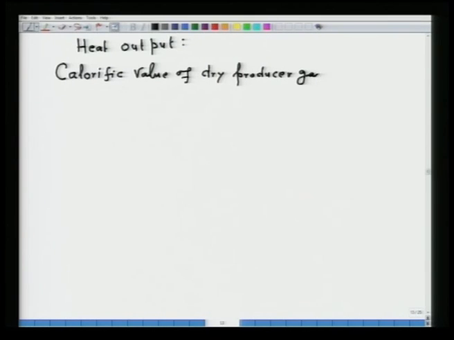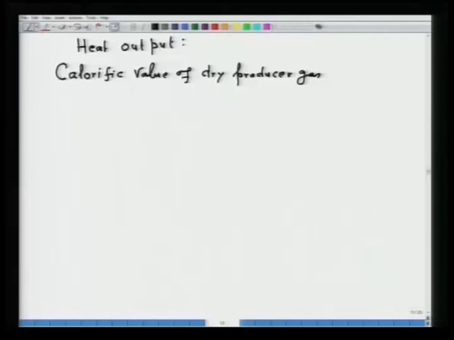Mind you, we can also call it potential energy, because this energy will be available to you by combustion. We write dry producer gas because only when you cool down the gas and clean it will the calorific value be available.